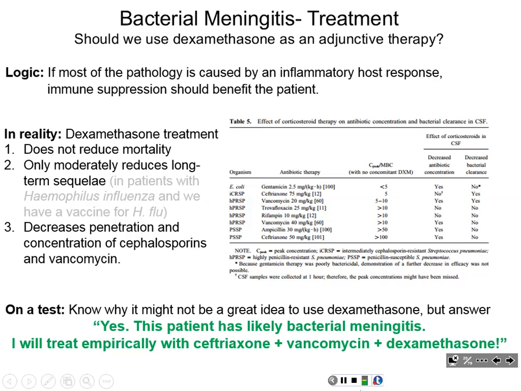But in reality, dexamethasone treatment doesn't reduce mortality. The patients that it does help these long-term sequelae in, they have H-flu meningitis. And H-flu isn't going to be super common in the US because we have a vaccine for it. So you're not going to see that many patients that would actually benefit from this.